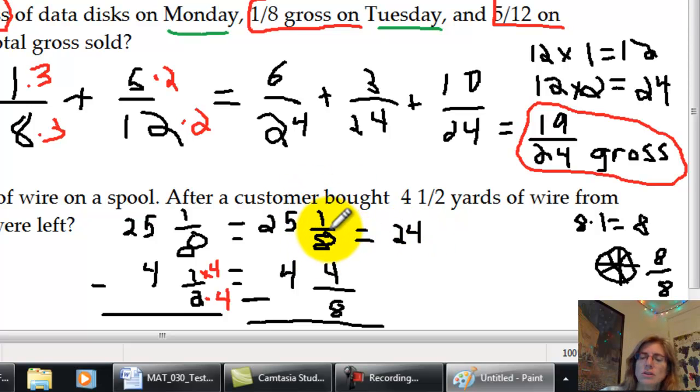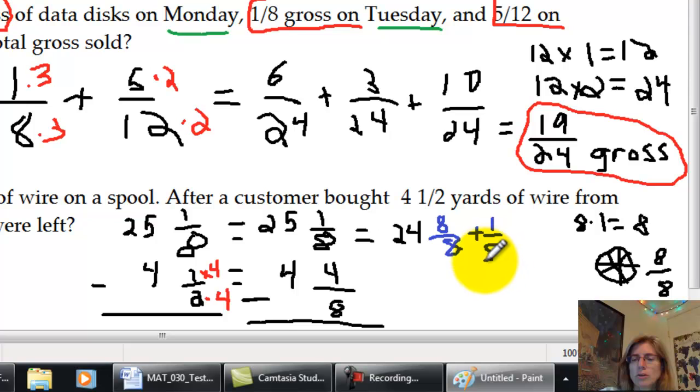But you can't add it to the fraction without changing the whole piece to a fraction itself. So we take the whole piece out, make it the fraction 8/8, and we add 1/8.